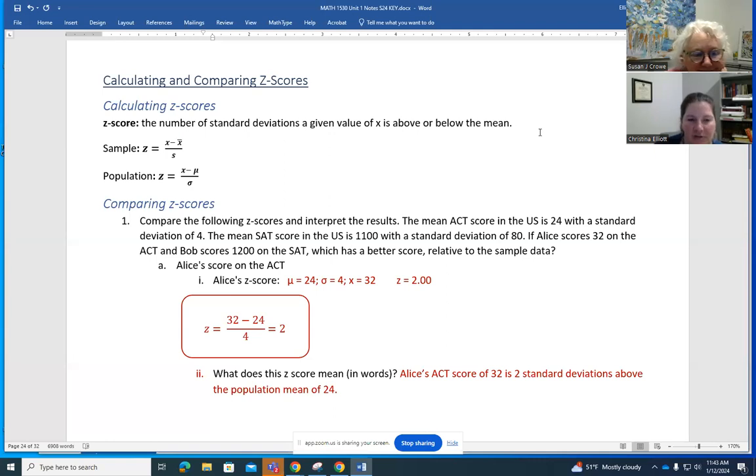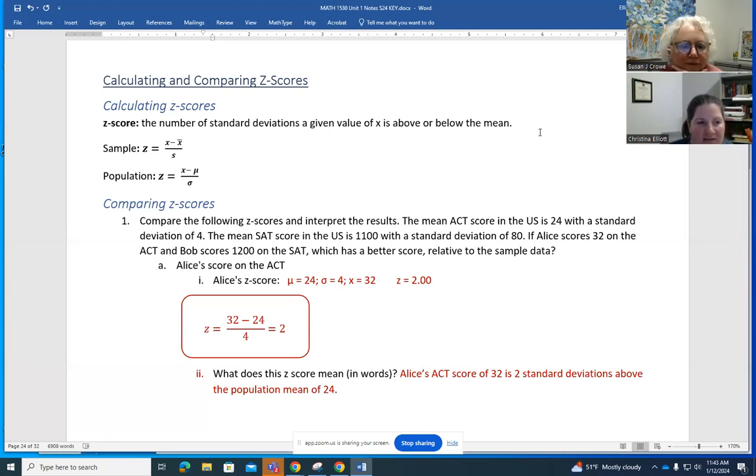Compare the following z-scores. The mean ACT score in the US is 24 with a standard deviation of 4. The mean SAT score is 1100 with a standard deviation of 80. If Alice scores 32 on the ACT and Bob scores 1200 on the SAT, who has a better score relative to the sample data?